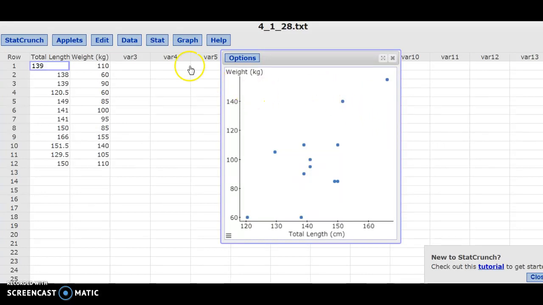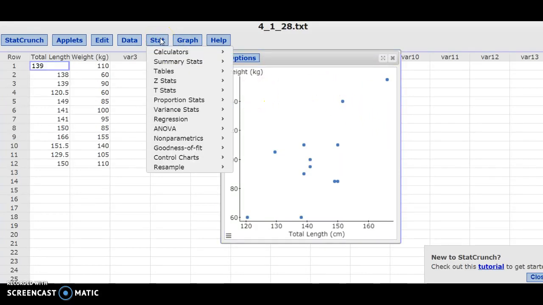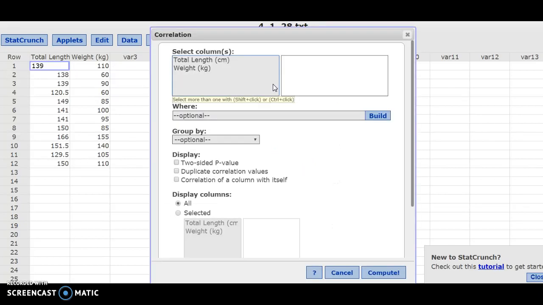Then we could also create our correlation by going into summary stats and then correlation. Keep in mind your book shows you how to do R values or correlation coefficients by hand. We're not going to do that.